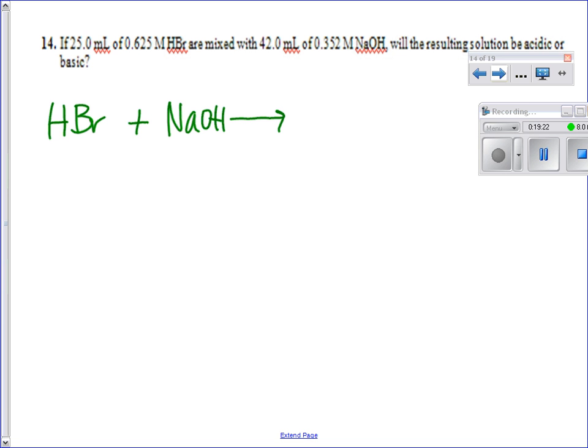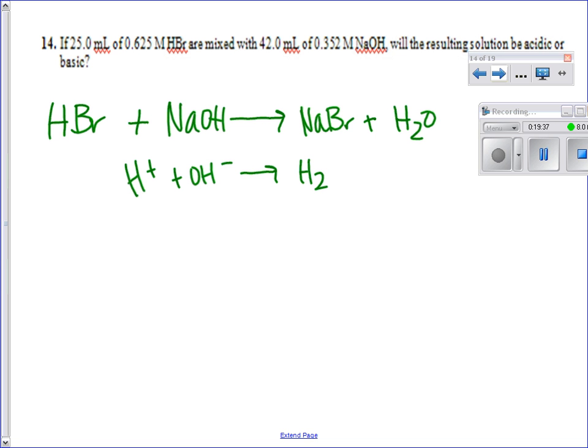be acidic or basic? What are my products of this reaction? Water and sodium bromide. So again, if you really want to think of it, there's our net ionic. What do I have to do here?